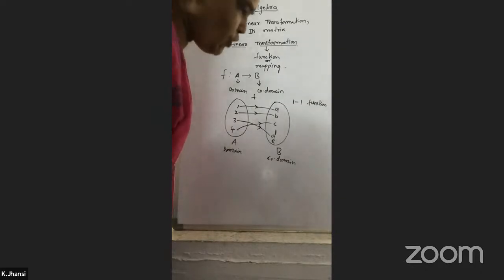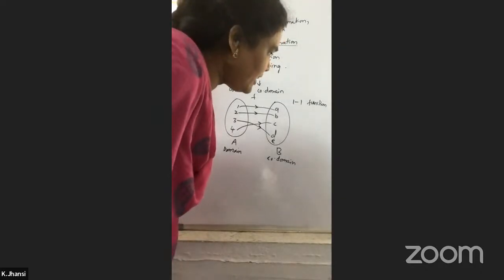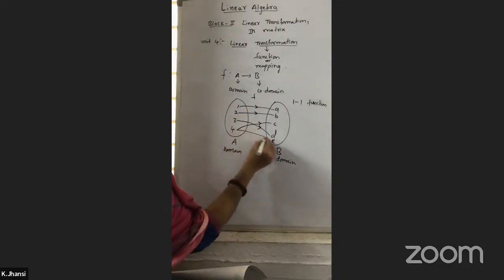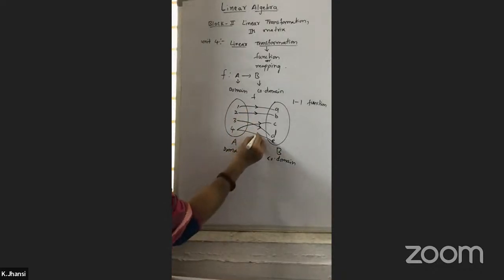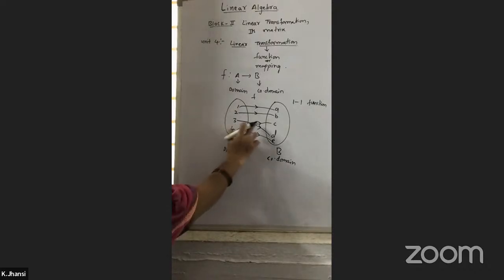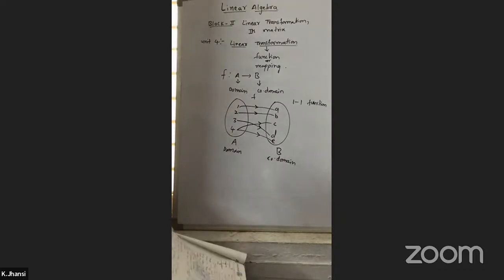If only one image is there, we call it a single image. If you have one more image like this, so 4 is having even 2, then it is not a one-to-one function. It is a function, but it is not one-to-one. So this element should have only one image. Okay. Then we call it a one-to-one function.